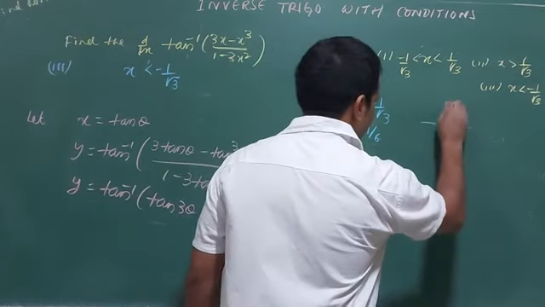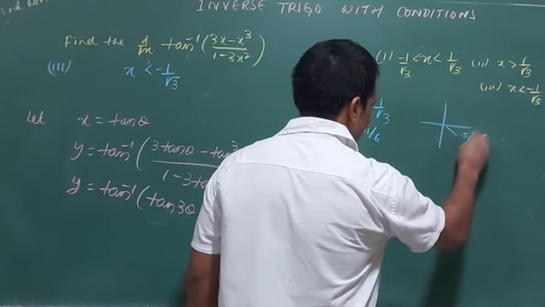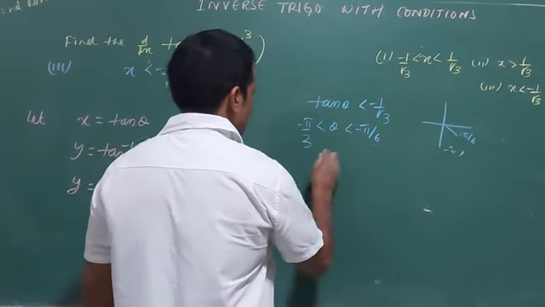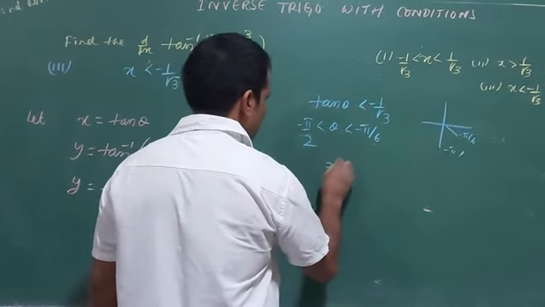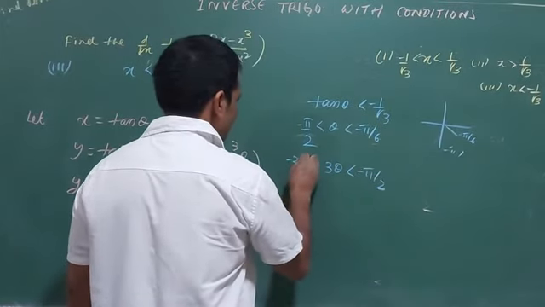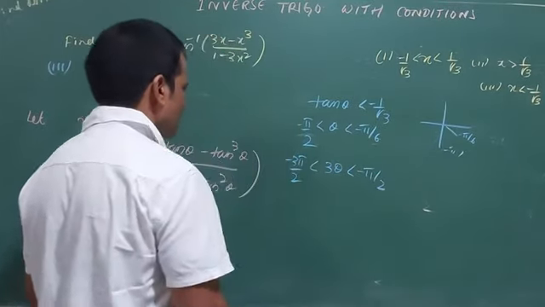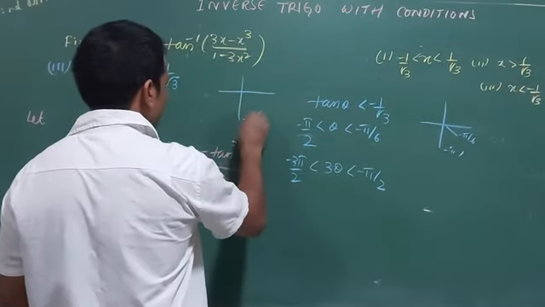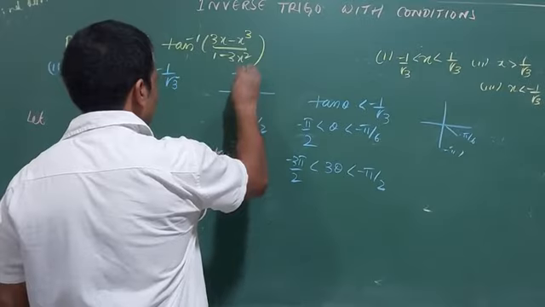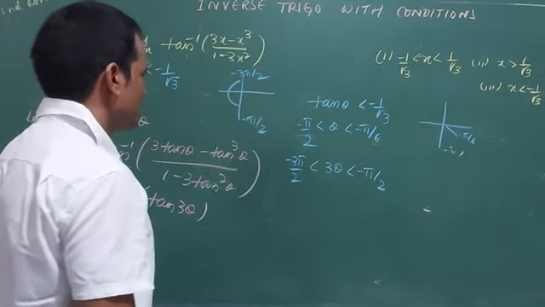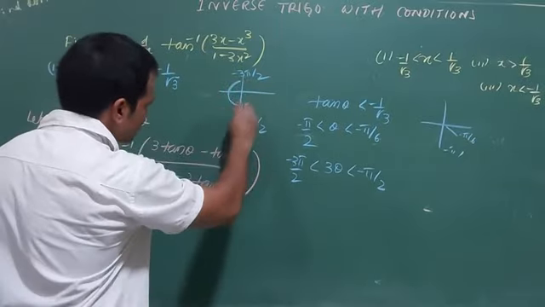Minus pi by 6 is here. So 3 theta is less than minus pi by 2 and greater than minus 3 pi by 2. That means minus pi by 2 to minus 3 pi by 2. I am standing in between this. Clockwise rotation.